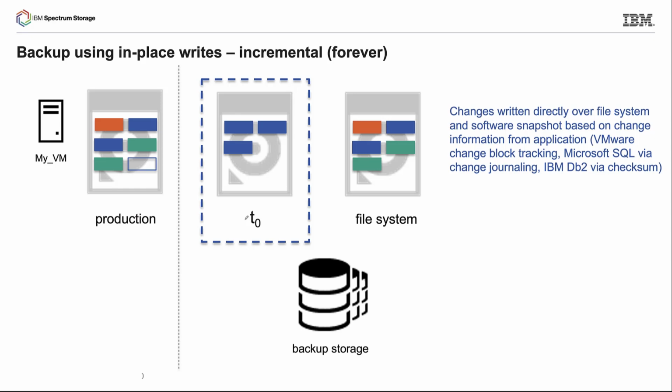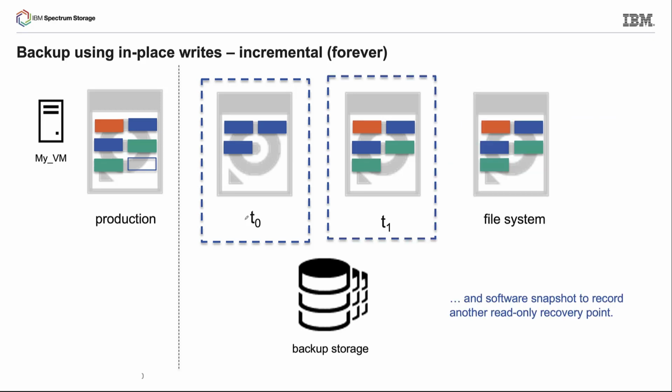So we're not doing anything synthetically here. We're just simply writing over our copy of the data to make it look like what's in production. And then we're going to take a snapshot of that again. So now we have two software-based snapshots of our production virtual machine. Again, no synthetic full backups, no movement of data here.